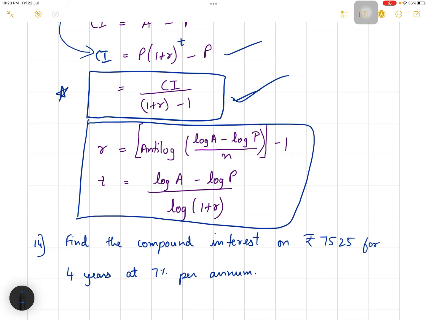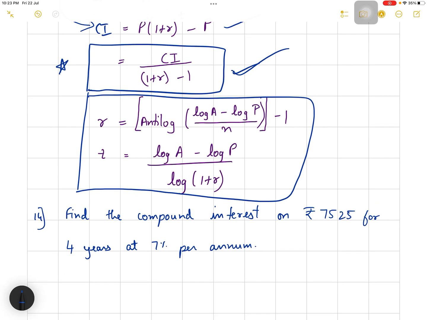So there is a simple formula in which you need to know how to use the log table. How to use the log table, I have already done the video. I'll put the link in the description below.